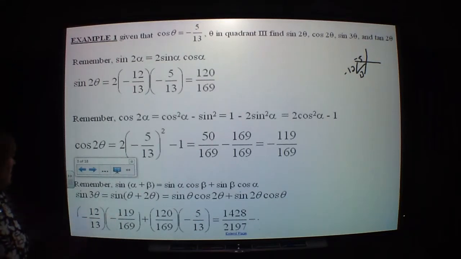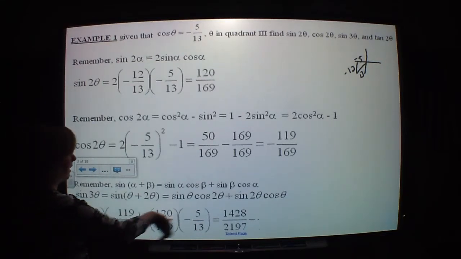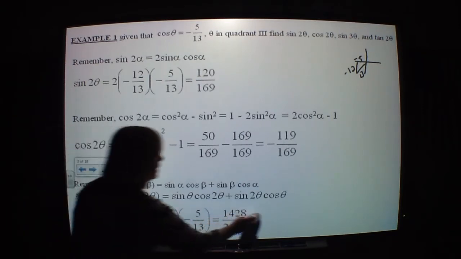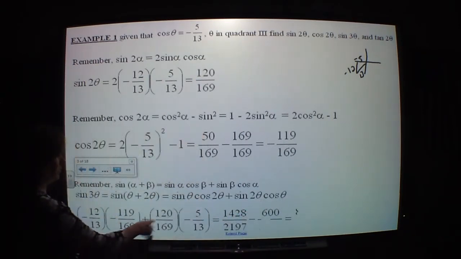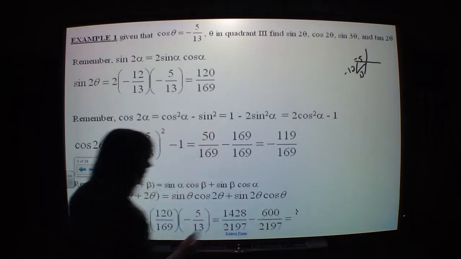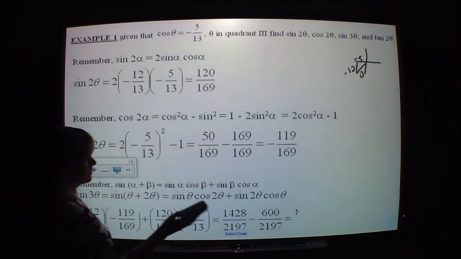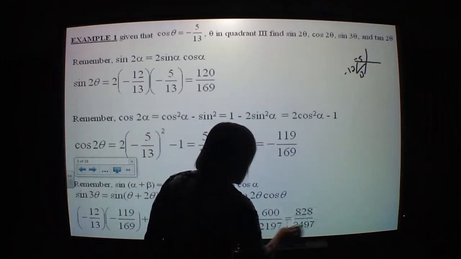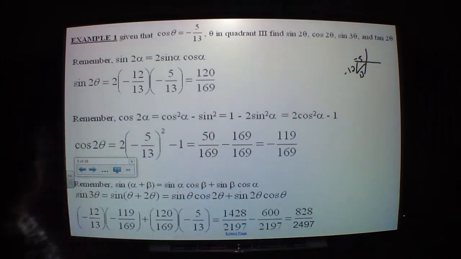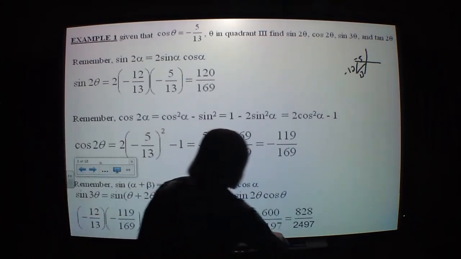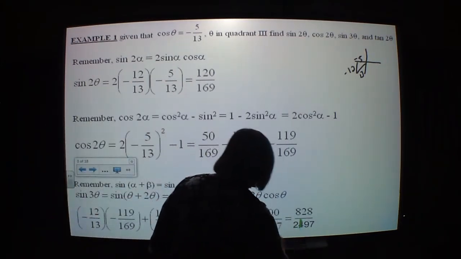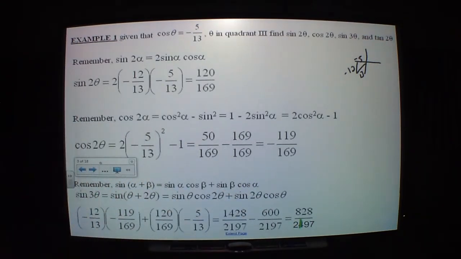A negative times a negative gives you a positive. And this ends up to be minus 120 times 5 is 600. The same denominator. 1428 minus 600 is 828 over, whoops, not 24, 2197. And you're done.